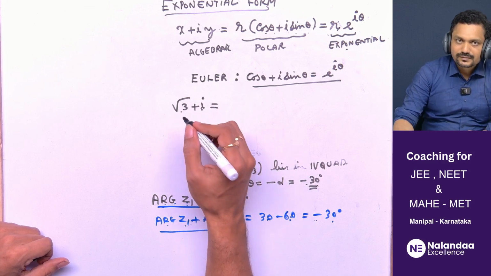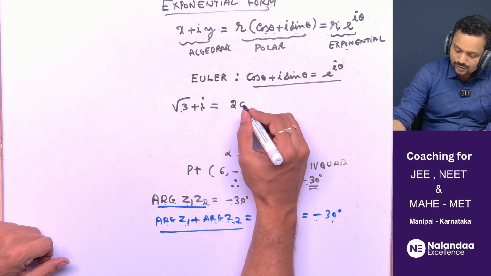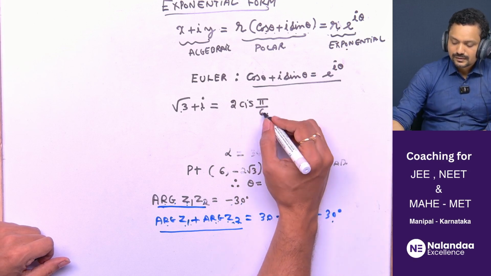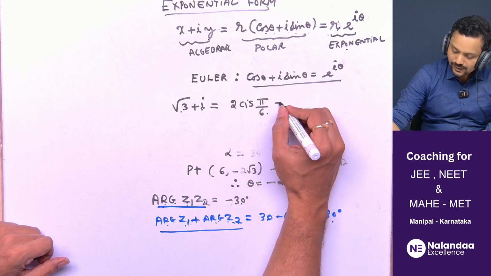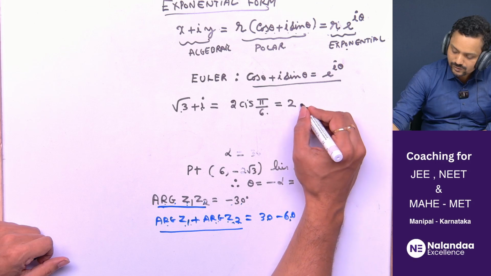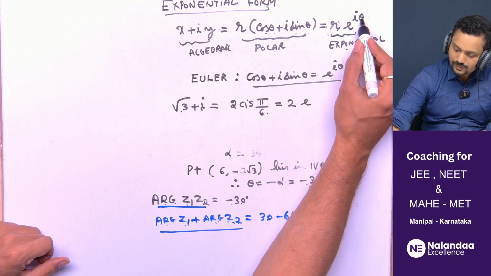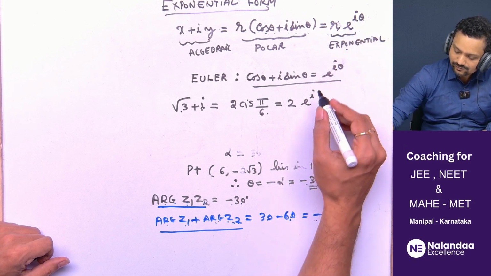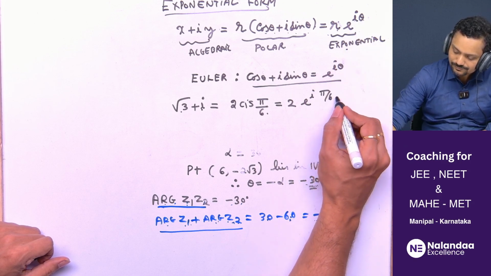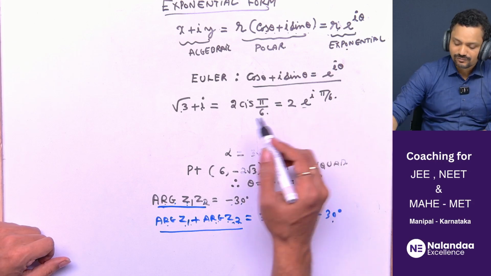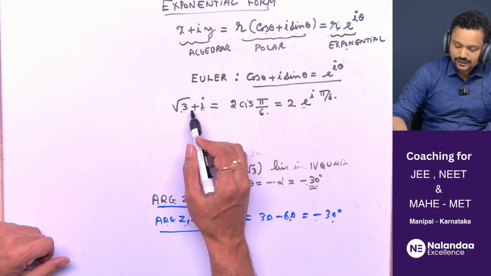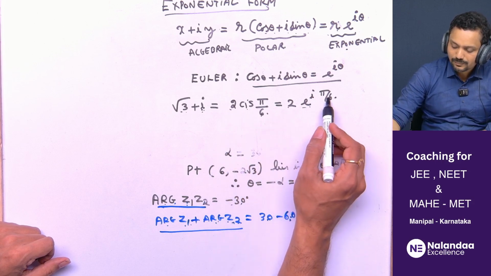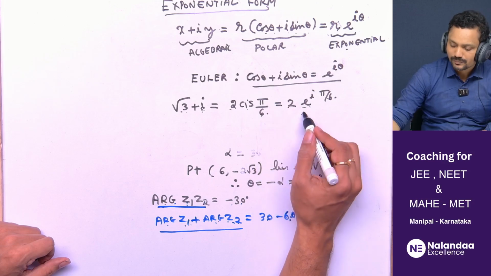Root 3 plus i is the algebraic form. 2 cis pi by 6 is the polar form, and if you write 2 into e power i theta, with theta equal to pi by 6, this is called the exponential form. So root 3 plus i algebraic, 2 cis pi by 6 polar, 2 e power i pi by 6 is called exponential form. That's it.